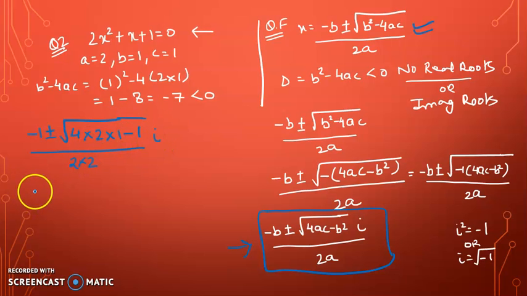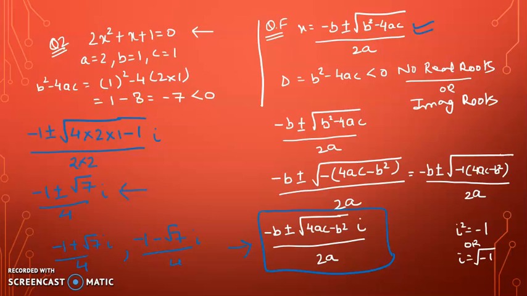So solve this, you will get minus 1 plus minus, 4 into 2 is 8, 8 minus 1 is 7, so root 7 upon 4i. So minus 1 plus root 7 i upon 4. You can leave it till here, this is correct, but I am still showing you minus root 7 by 4i.